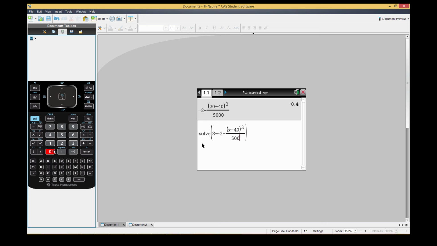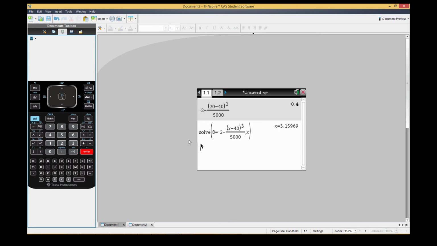Actually my touchpad is a bit sensitive. Comma, and we're going to solve for x. Right, so let me enter.